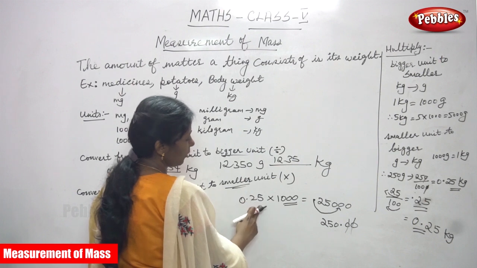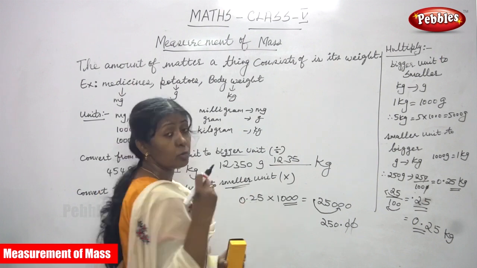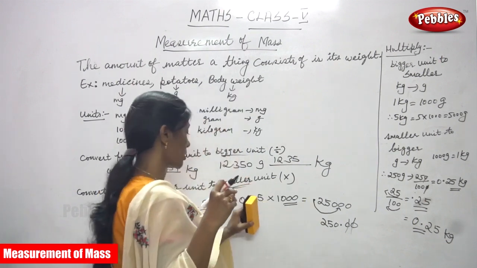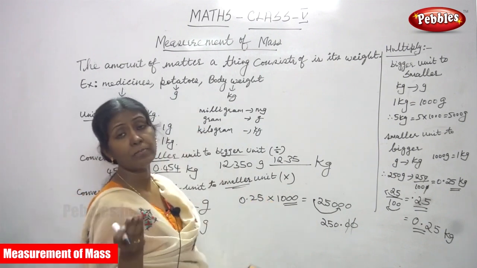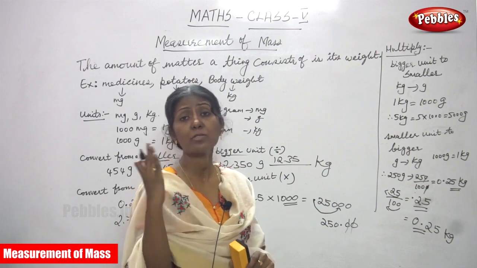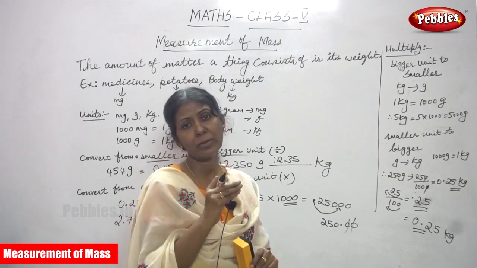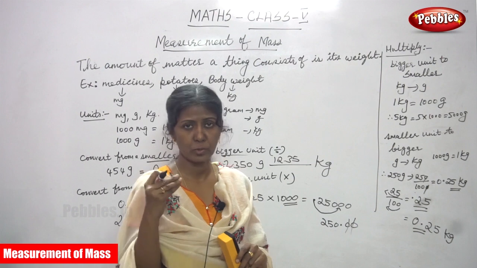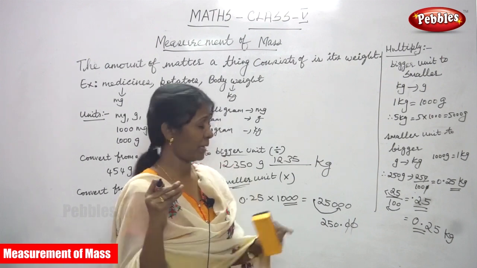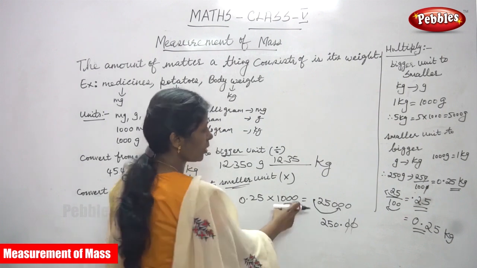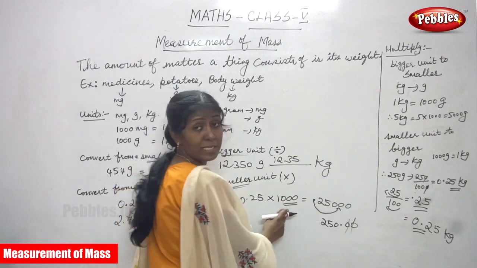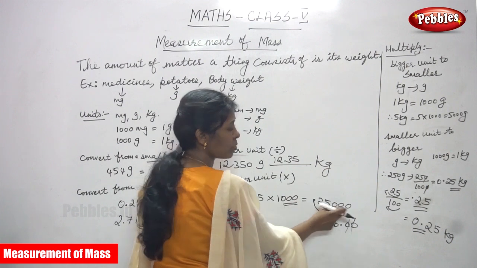Again I'll explain. Because gram is asked, you have to convert this 0.25 kilogram. Kilogram is converted into gram, which means you have to multiply, because kilogram is a bigger unit and gram is a smaller unit. So 0.25 into 1000. Just write 0.25, then add 3 zeros afterwards.